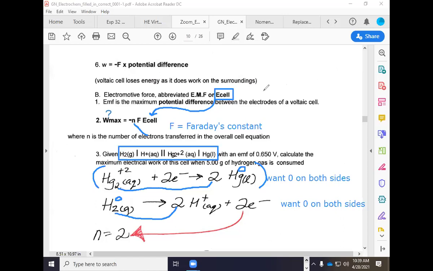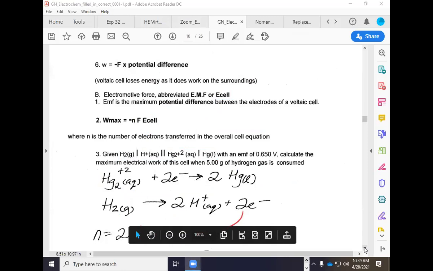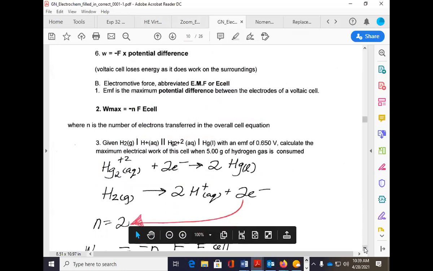Okay, but to answer his question, you could have an additional step where you have to multiply by some number, and then you would know your number of electrons. In this particular case, they ended up being already the same. Yes, there is a relationship between what we're doing and your laboratory.